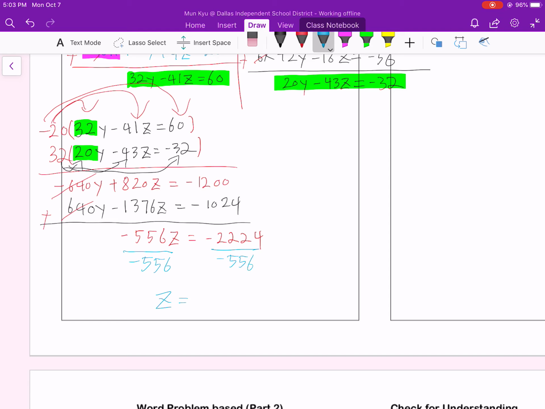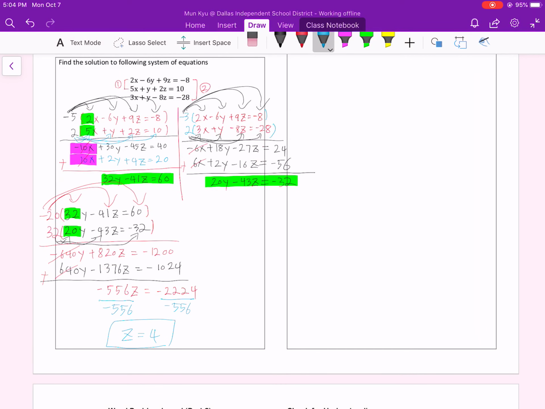Whew. We just solved for z, but we are not done because we still have to solve for y and x. And it's simple. What you have to do is simply substitute z into one of these two. And it does not matter which one you choose.